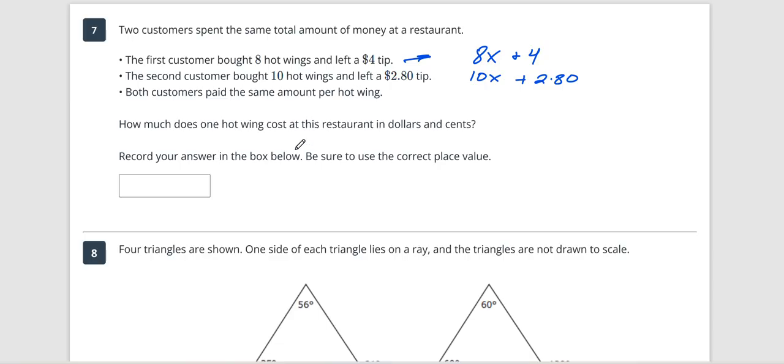When are they the same? Well, because they're both the same amount per wing, we're going to set these two things equal to each other, all right? Because we want to know how much each wing. So we have 8x plus 4 is equal to 10x plus 2.80.